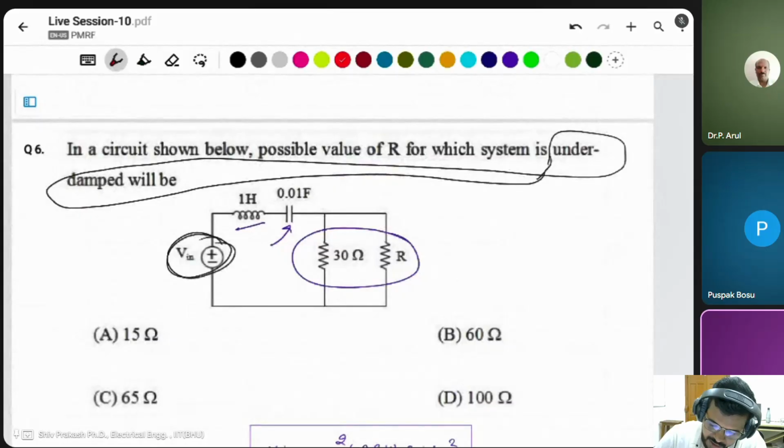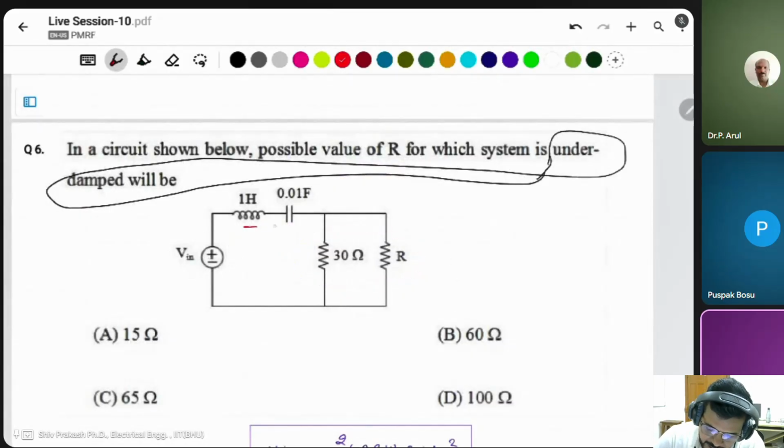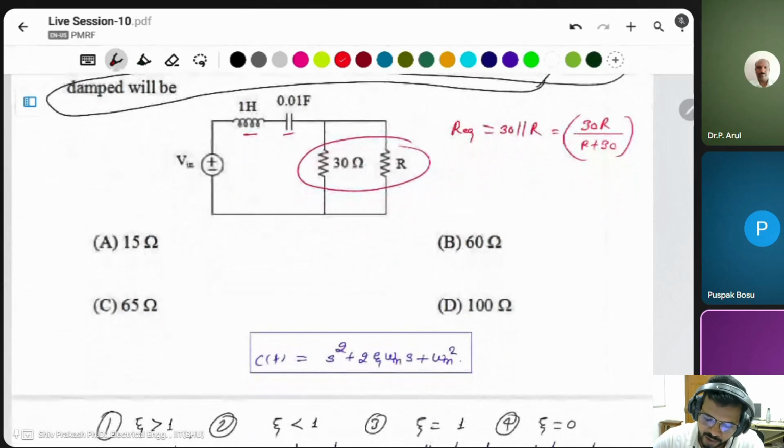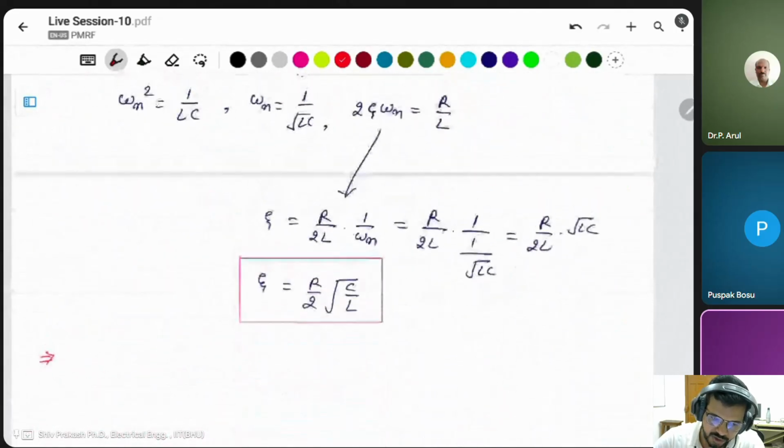What is the resistance? We have to find the equivalent resistance first. L and C are in series, and this combination is connected in series. Then what is the R equivalent? It is 30 in parallel with R, which will be 30R divided by R plus 30. This is the total equivalent. Then we can put it in this equation.